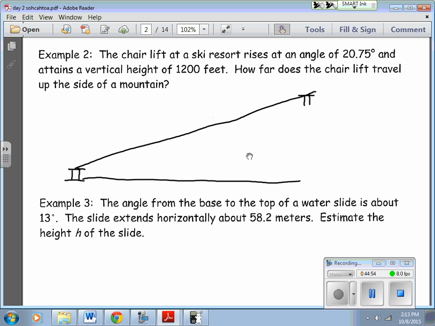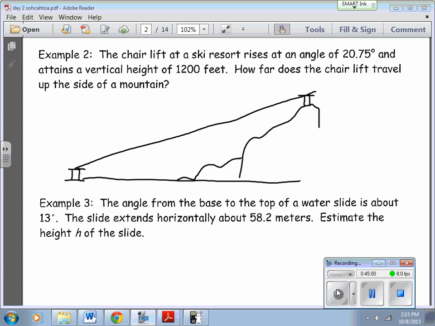And then typically the chairlift goes down. Give me 1 second. So even if you've never been on there, can you see what you're really doing though? Is you're basically working with the right triangle?